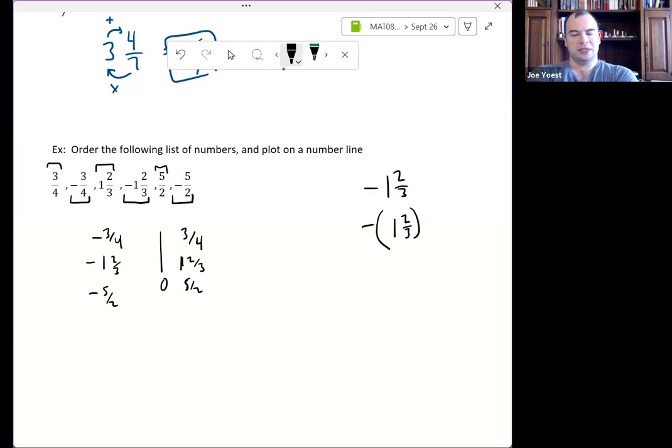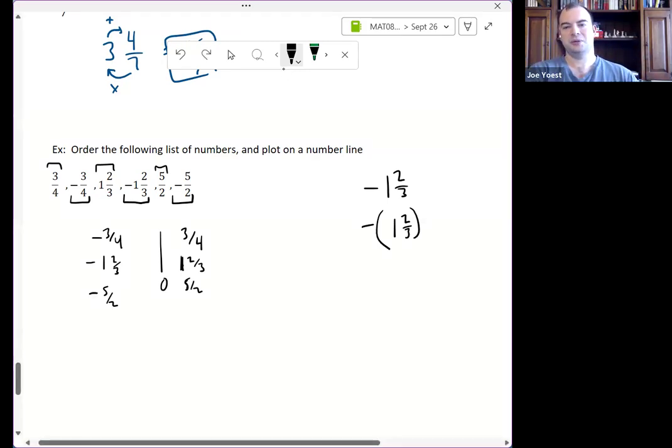Now, do I want to look at these in terms of mixed numbers or in terms of fractions and improper fractions? If I convert the 1 2/3 to an improper fraction, well, what do I have? 3 times 1 is 3, plus 2 is 5, 5/3. How does 3/4, 5/3, and 5/2 compare to one another? That's kind of tough to look at and decide, right?